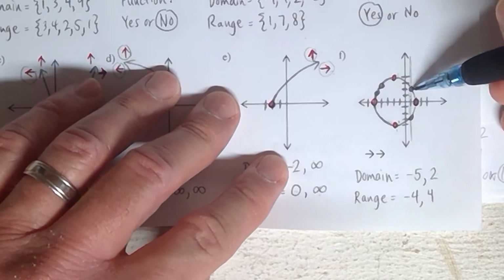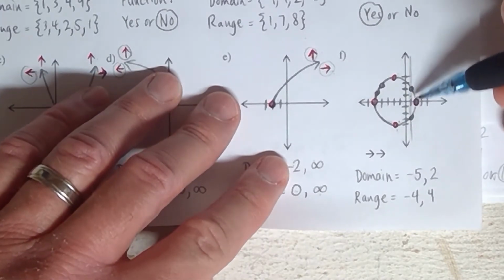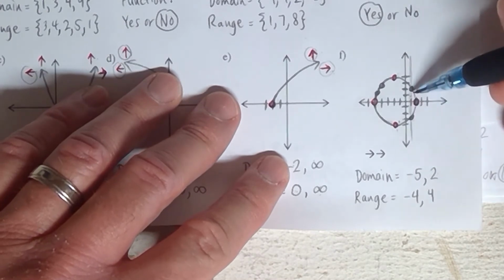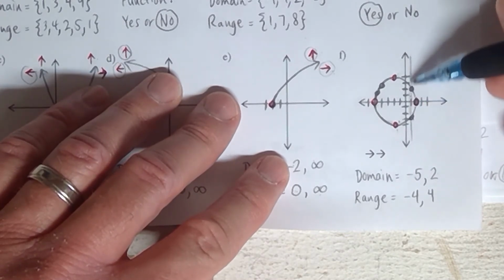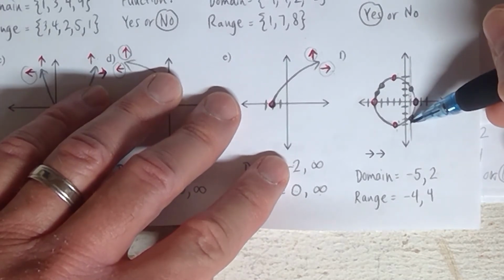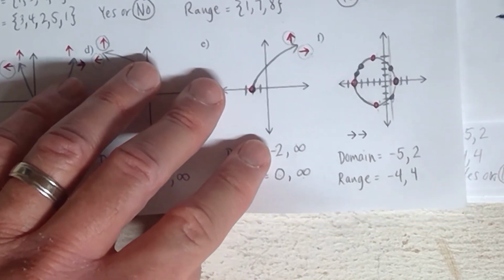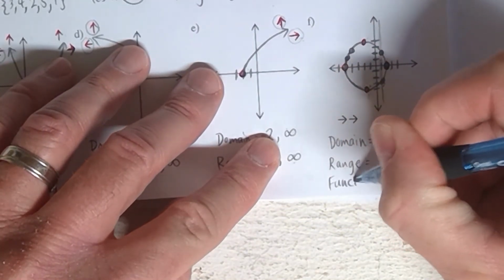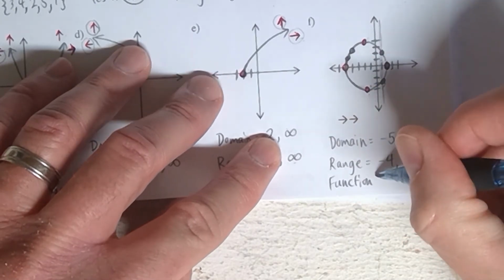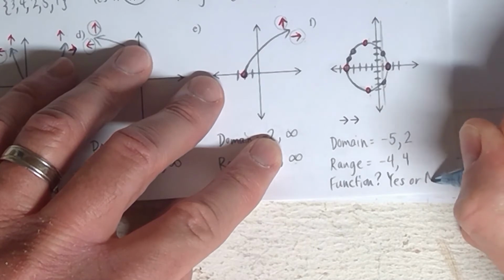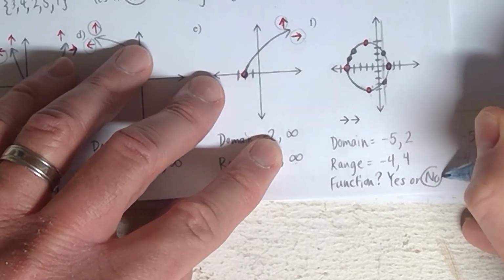So if the vertical line hits the graph more than once, you can see that it hits twice right here at these 2 points that I'm pointing at. If it hits the graph more than one time, then that means that there are 2 different points with the same x. We can't have that with a function, can we? Okay? So if you have 2 different points of the same x, as we already determined, that means that that's not a function.